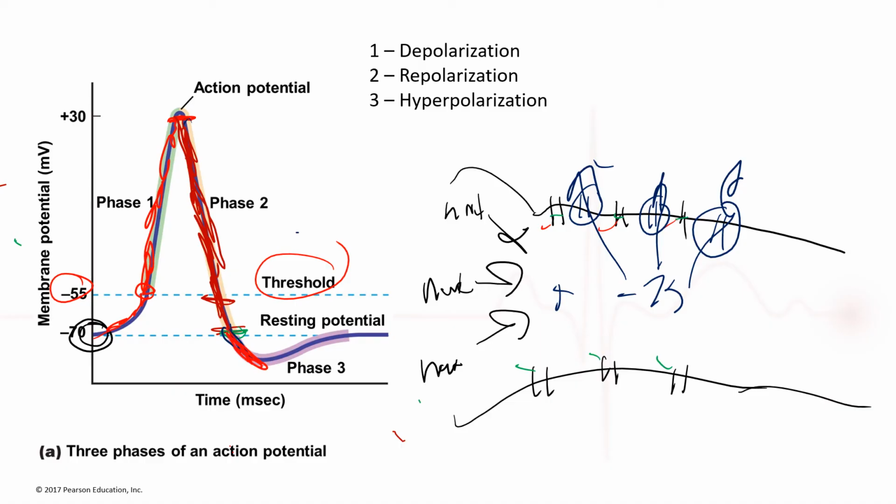And then finally at negative 75, what happens? The voltage-gated potassium channels finally shut. So that extra potassium that was leaving loses its ability to leave. The rate at which potassium leaves at negative 75 slows down because the voltage-gated potassium channels close.